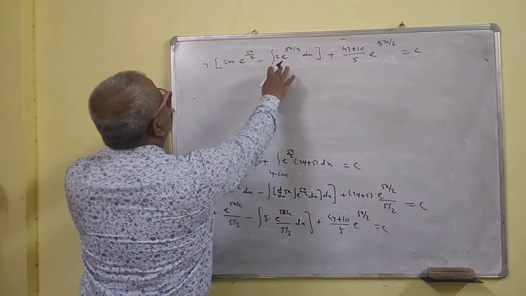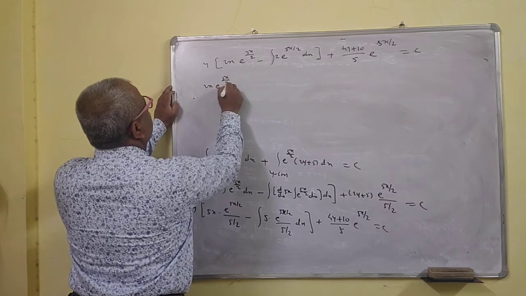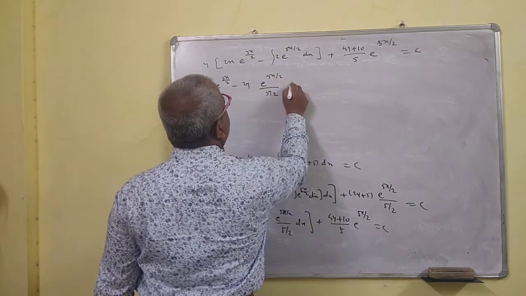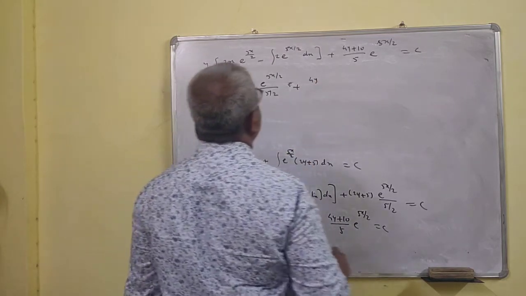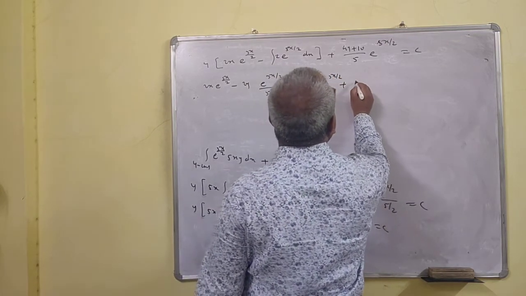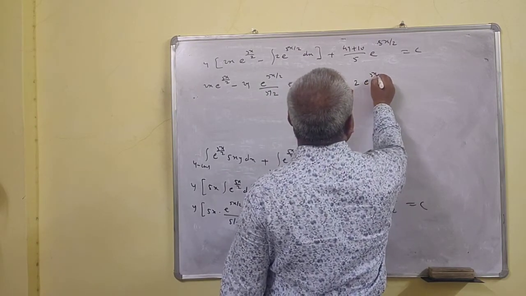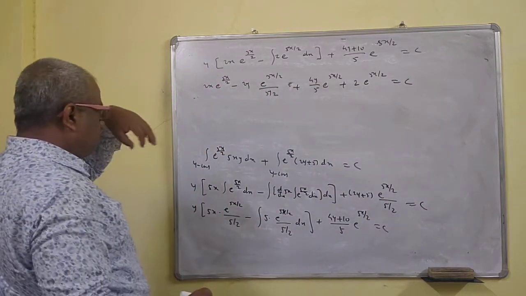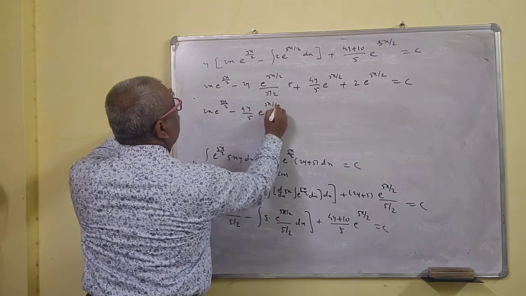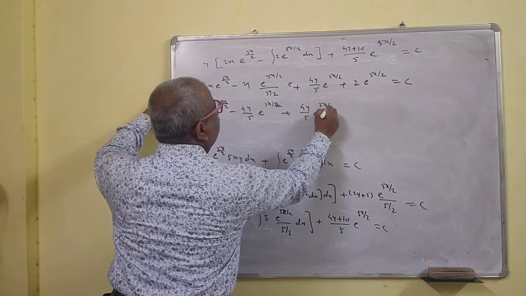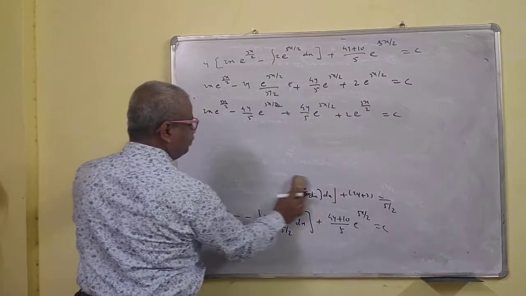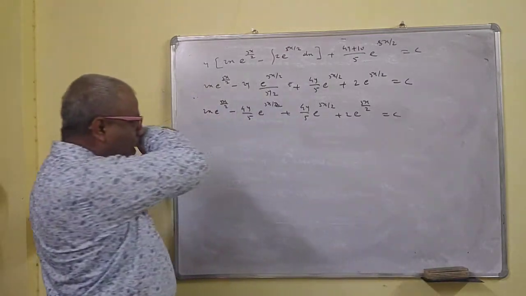Now we will integrate this and multiply by y only: 2x e raised to 5x by 2 minus 2y e raised to 5x by 2 upon 5 by 2, plus 4y by 5 e raised to 5x by 2, plus, simplified, 2 e raised to 5x by 2 is equal to C. Now this is 2x e raised to 5x by 2 minus 4y by 5 e raised to 5x by 2 plus 4y by 5 e raised to 5x by 2 plus 2 e raised to 5x by 2 is equal to C. Now see, this gets cancelled.